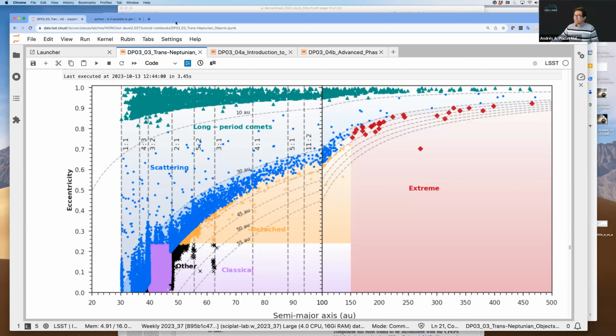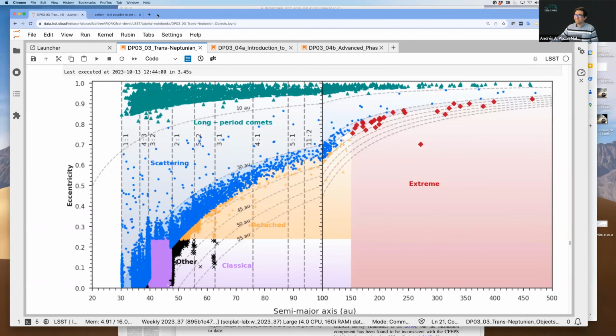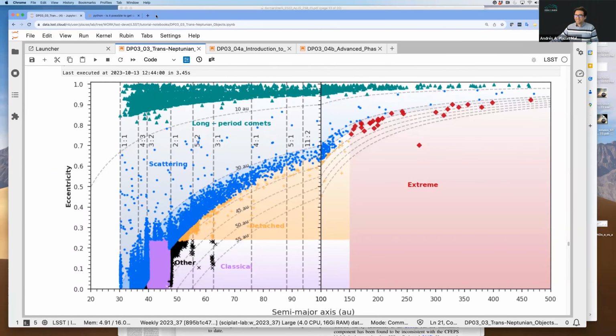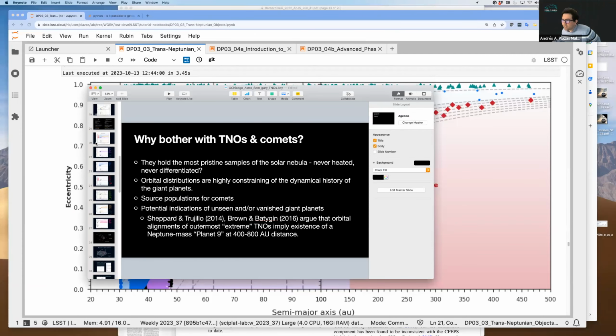Yes, absolutely. And as I mentioned, it was based on Pedro's notebook and Pedro's code. So that's also great, that they have been sharing all of the cool tools that they have. Let me see if I have Pedro's original plot.